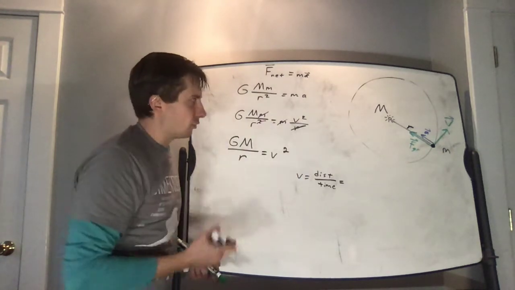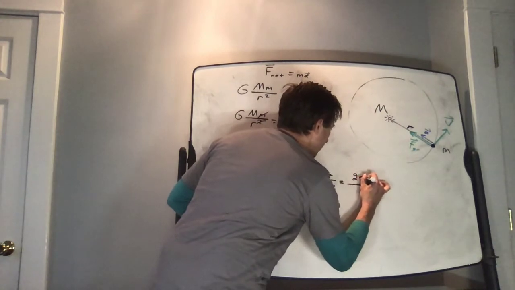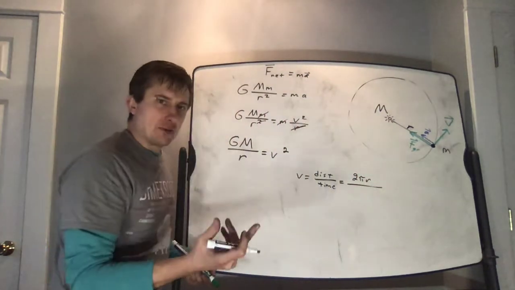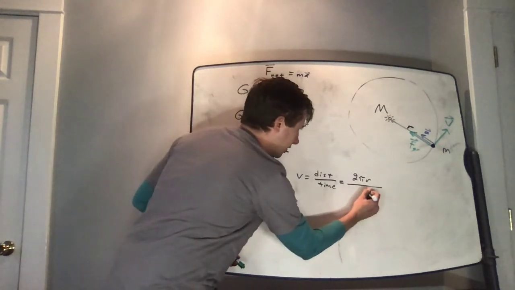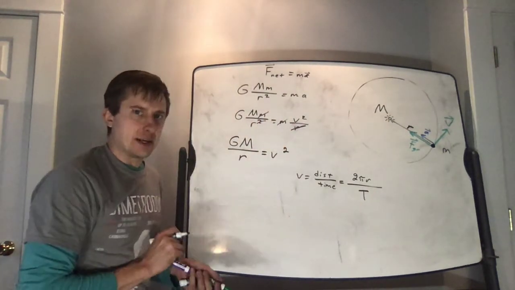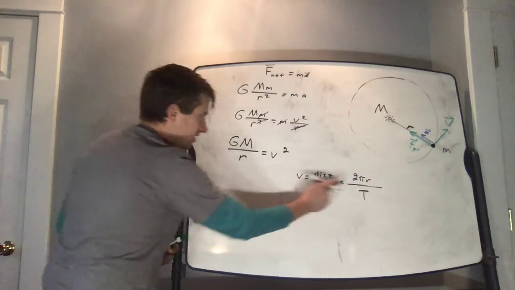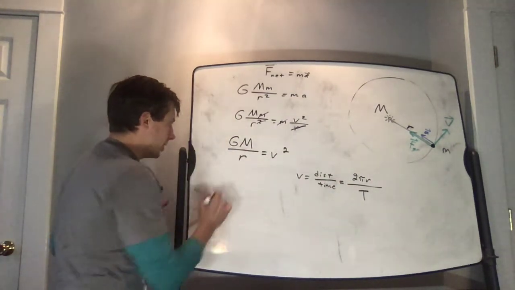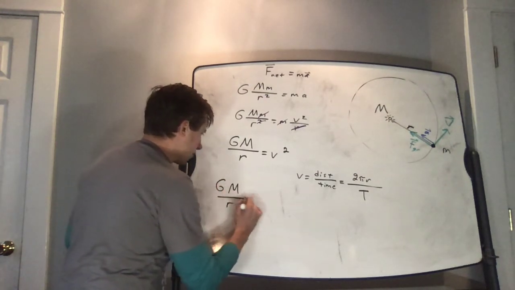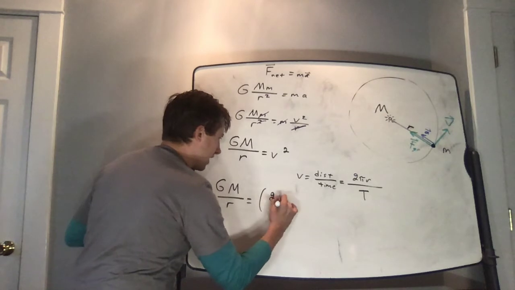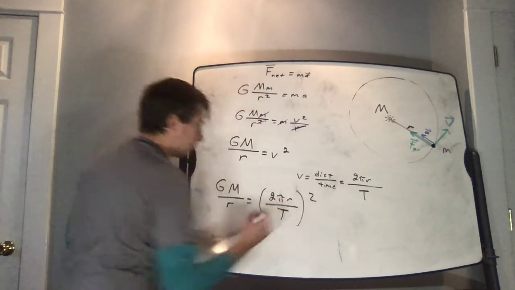The distance traveled would be the circumference of a circle. That would be 2 pi r. And the amount of time it takes the planet to orbit the star is going to be the period of the orbit, capital T. So I could plug this term for v in here and write G big M over r equals 2 pi r over T, squared.